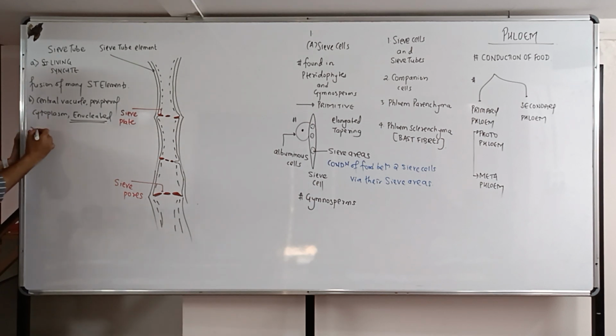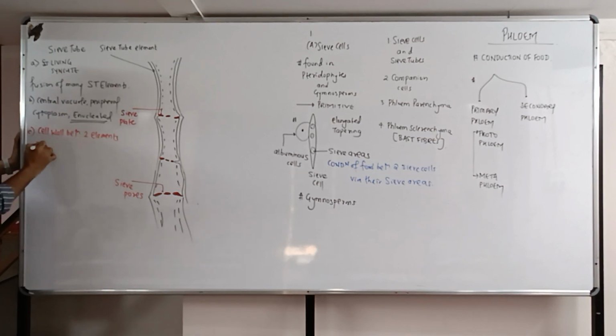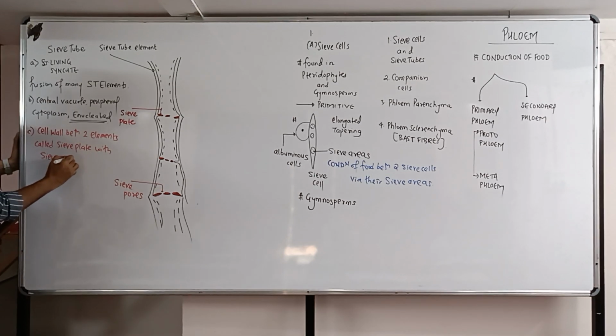So it shows the presence of a cell wall between two elements, which is called a sieve plate, and that shows the presence of what, bachalo? Sieve pores. Are you all following what I'm saying?